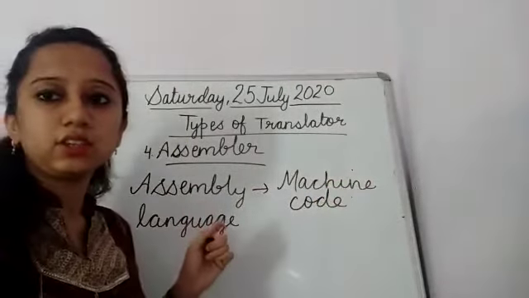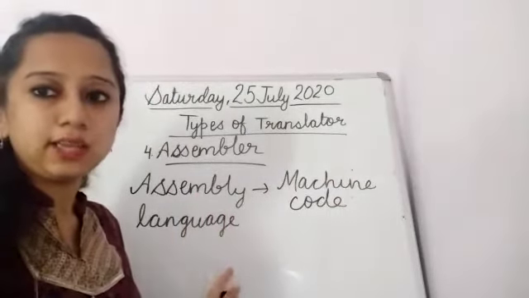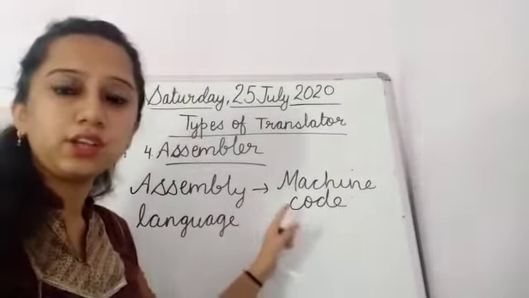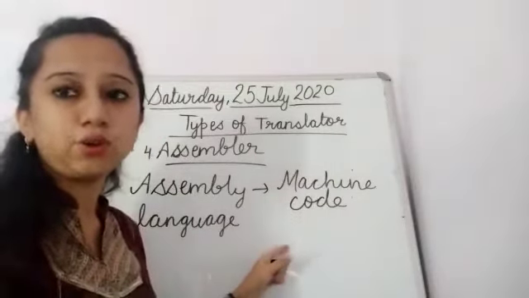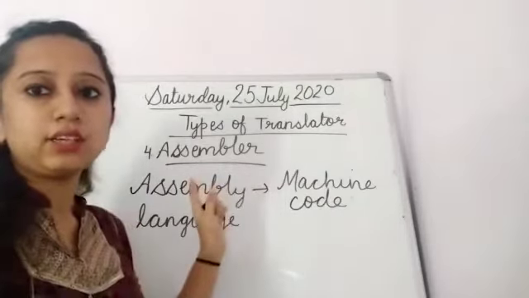So what is the function of assembler? Function of assembler is that it changes your assembly language into the machine code, and your machine code is the code which is understood by the computer. So this is the role of an assembler.